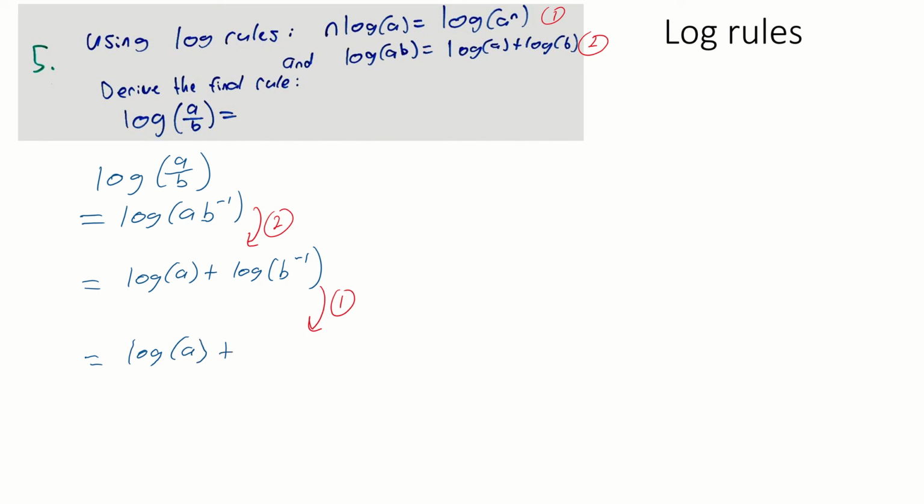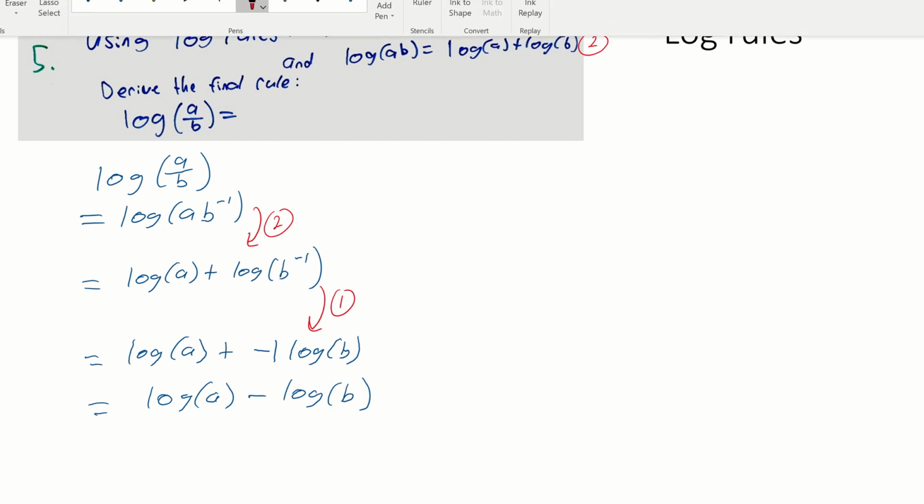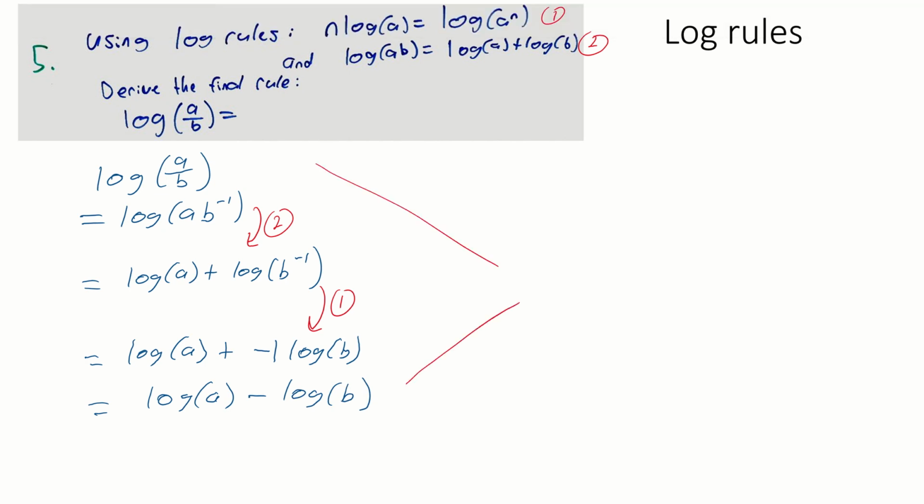If I've got an exponent or a power, I can bring it out the front. So I've got negative 1 times log of b. Or in other words, I've got log of a minus log of b. Alright, so we have just derived the 3rd log rule, which is that log of a divided by b equals log of a minus log of b. And we are done.